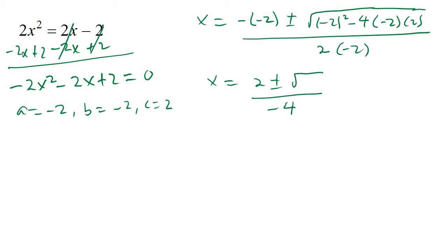Now let's evaluate what is inside the square root. So we have negative 2 squared minus 4 times negative 2 times 2. So negative 2 squared is 4, minus 4 times negative 2 is negative 8. Negative 8 times 2 is negative 16.